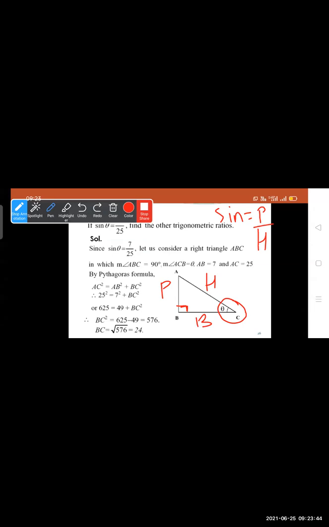From the given data, we write AB is equal to 7 and hypotenuse is equal to 25. Okay, students. So from this given question, we have AB is equal to 7 and AC is equal to 25. Here we have to find all these 6 trigonometric ratios. One is given, then we find the remaining ratios.